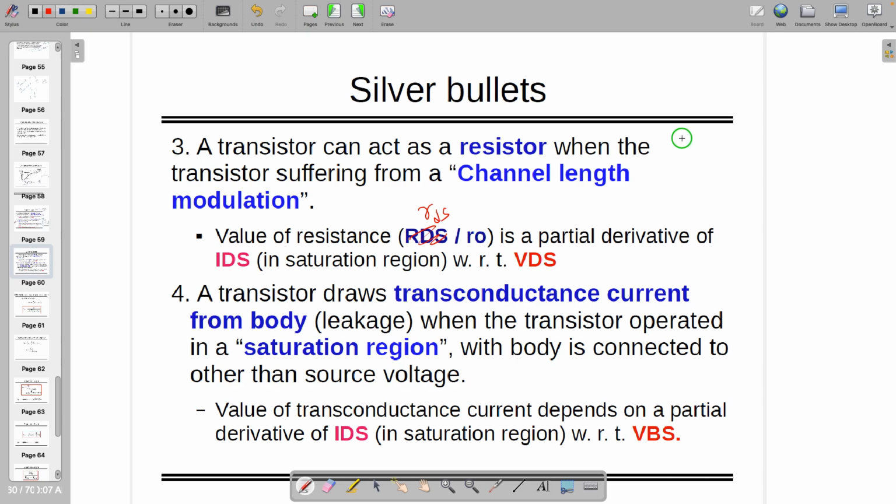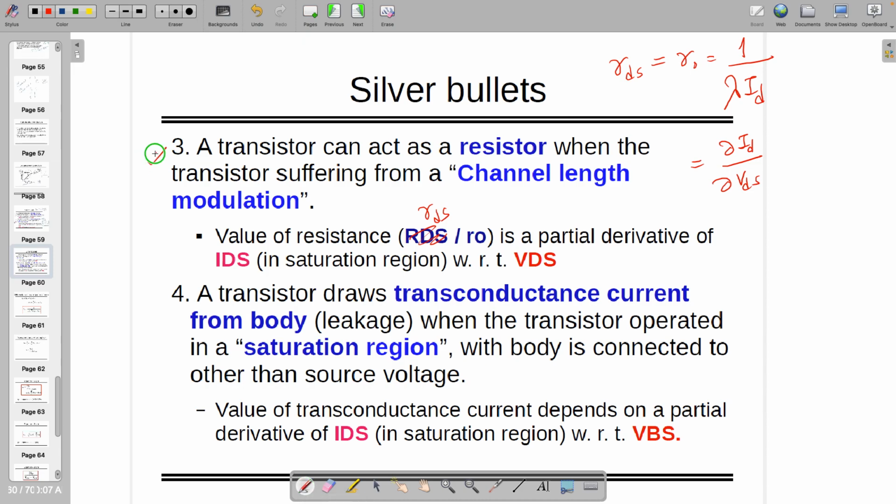RDS or RO can be found from this equation, 1 by lambda IDS, right? You can take the derivative del ID with respect to del VDS. That's going to give you the channel length modulation resistance.